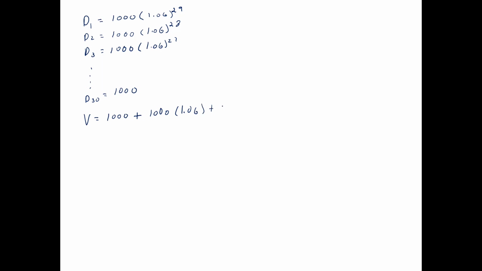And the next one would have sat in there for 1 more year than that one. And so it will have sat in there for 1,000 times 1.06 squared, and so on, until we get to these last deposits that would have sat in there for 27 years, 28 years.